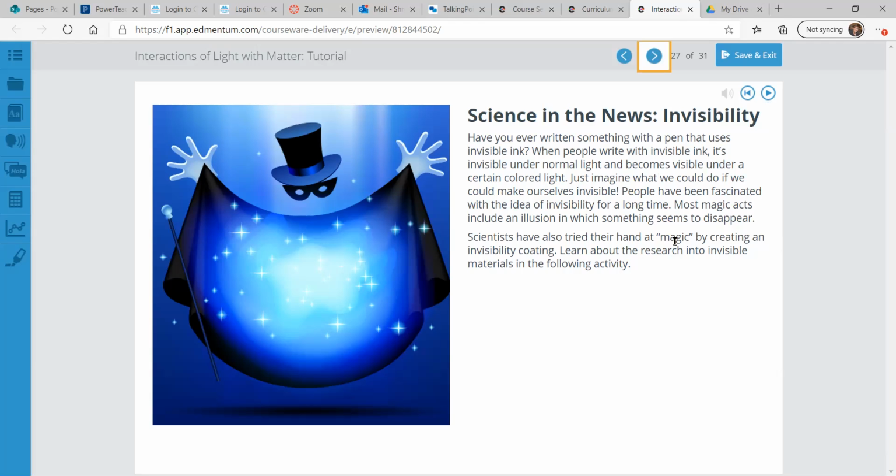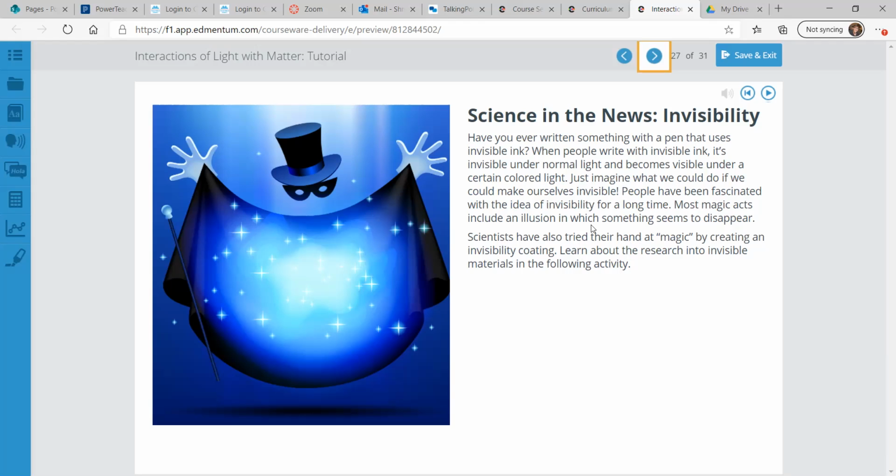When people write with invisible ink, it's invisible under normal light because within that spectrum, the invisible ink isn't picked up. But if you have a light with a certain color and you shine it on it, the invisible ink is actually visible.